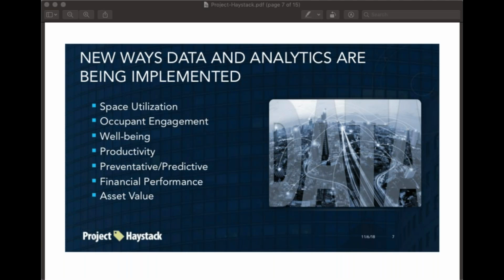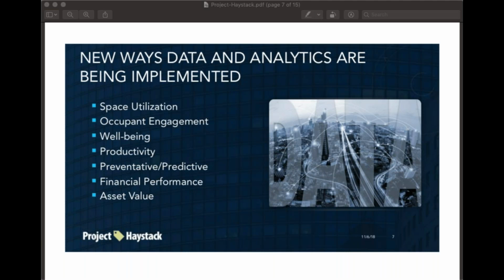both at Project Haystack and in my day job at Sky Foundry, we're focused on helping people be more financially successful with their buildings. The financial performance of buildings, it has now been proven with independent studies that an efficient building is more valuable than a non-efficient one.